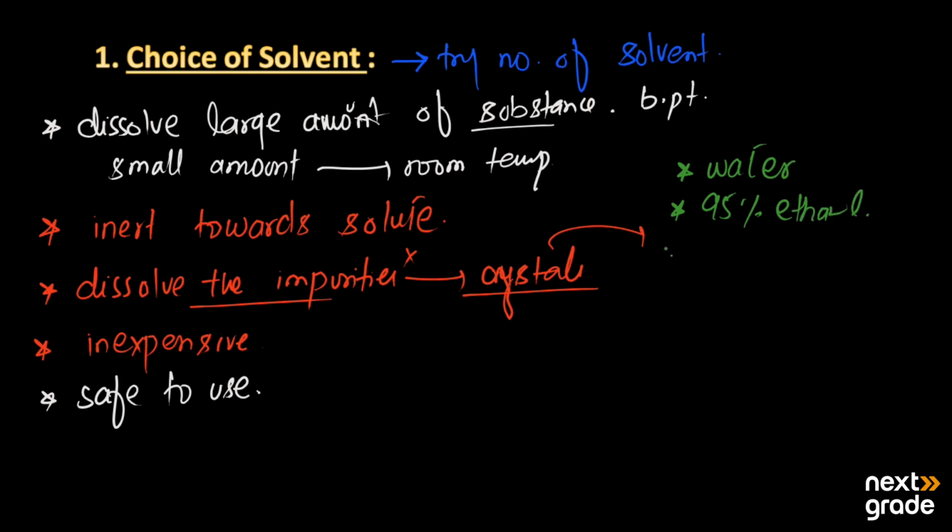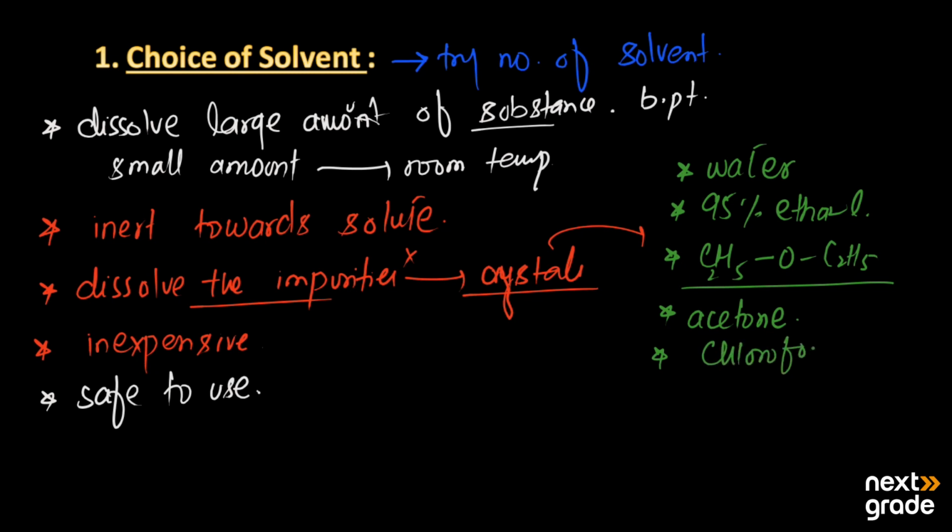We can also use diethyl ether, the formula is C2H5 O C2H5. We can also use acetone, chloroform, and carbon tetrachloride, CCl4.